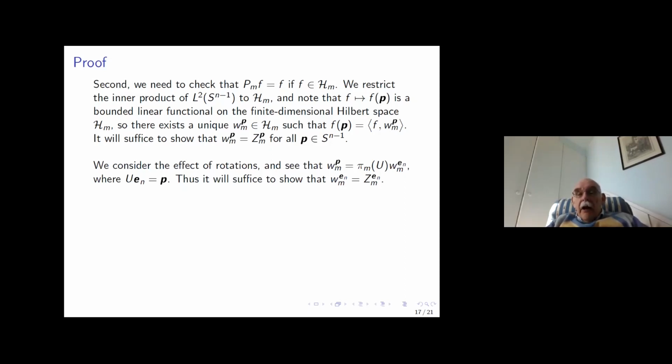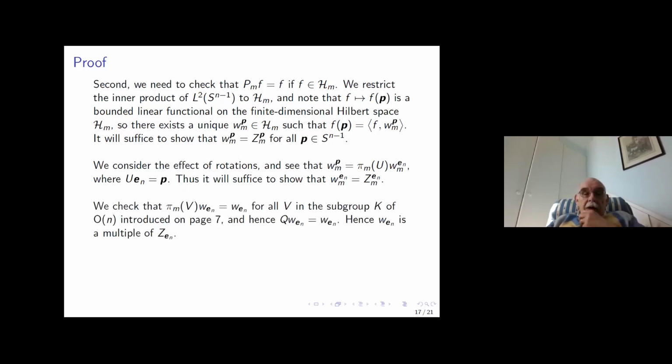Now that's exactly the same thing as happened with the zonal functions. And so if W_m at e_n is Z_m at e_n, then after rotation, W_m at p is Z_m at p too. So then we have to check that the W_m at e_n, this should be W, which should have the e_n up.